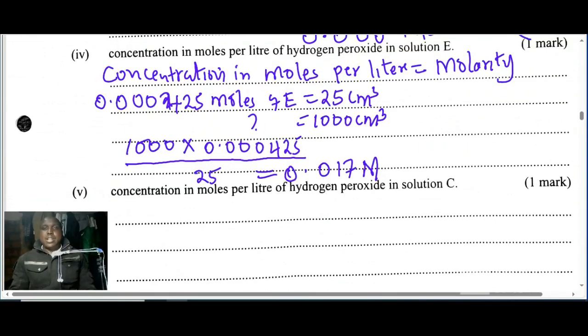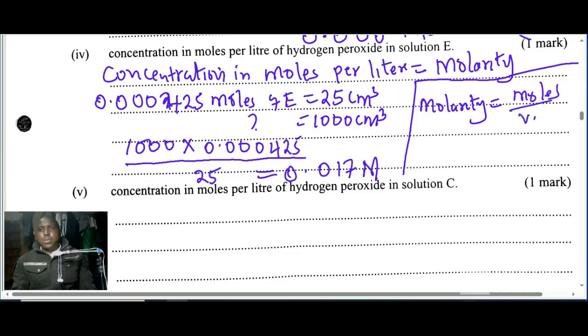So if I use the triangle, let me use it here for those who like using the formula. From the triangle, molality is equal to moles over volume in liters. So the moles ya hii tumepata ni 0.0000425. Volume yake ni 25, but this 25 should be in liters, so you divide by 1000 to get liters.